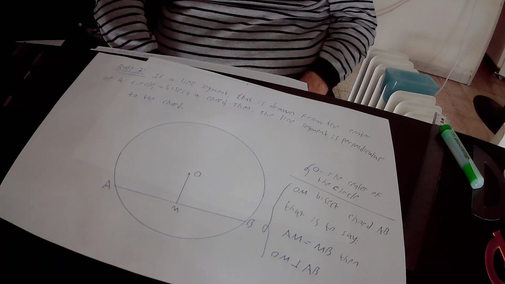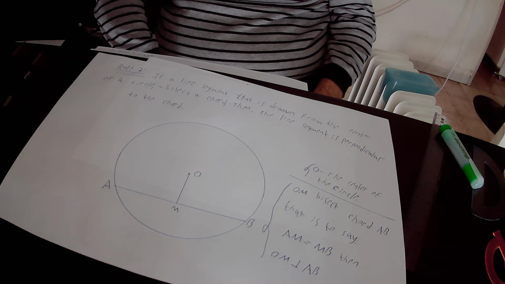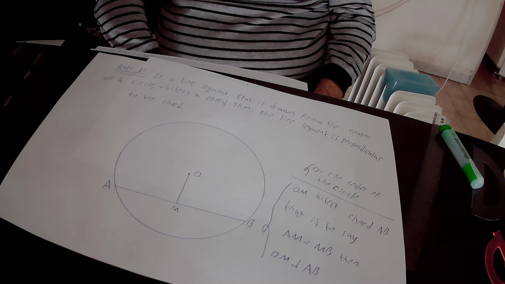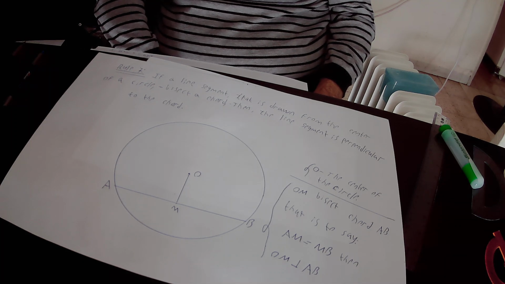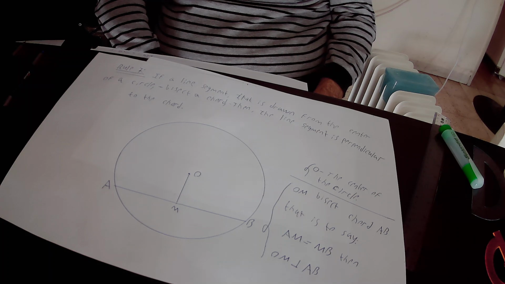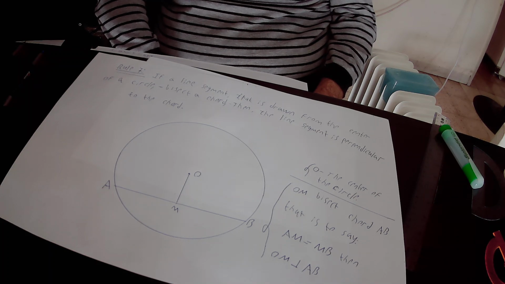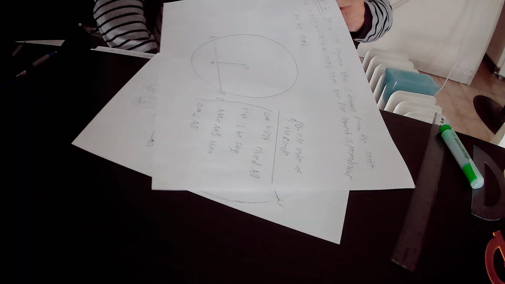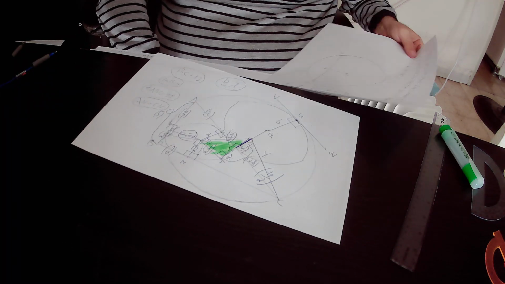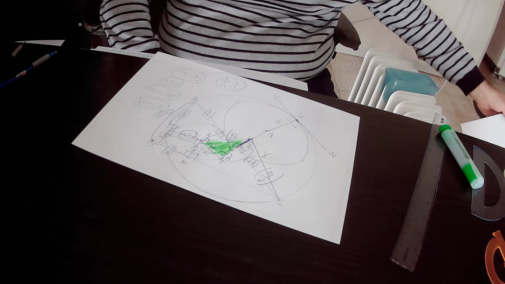Again, whenever you draw a line segment from the center of the circle that bisects the chord, then that line segment will also be perpendicular to the chord. Okay, we can implement rule number 7 in our drawing.